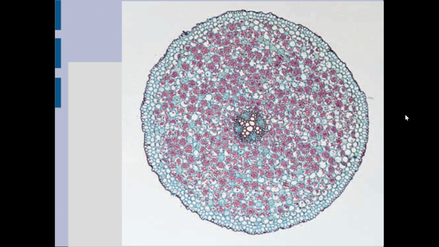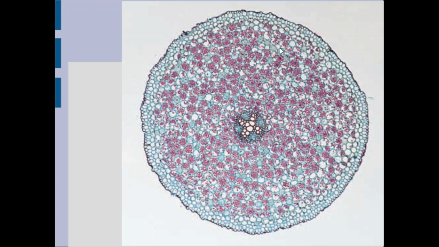The cortex of the herbaceous eudicot root is mostly composed of parenchyma cells. Parenchyma cells have large intercellular spaces. So this is a cell, and this is an intercellular space, a space between the cells.